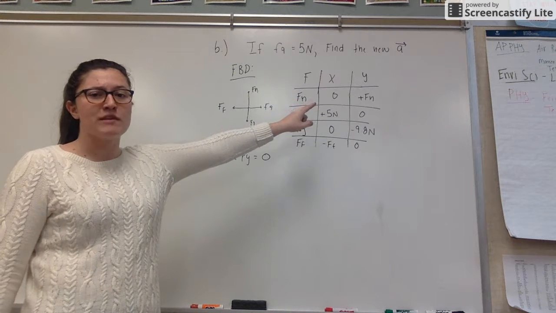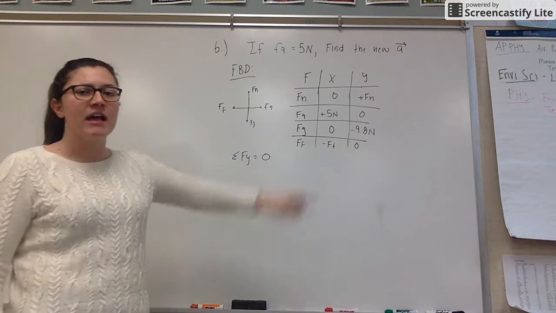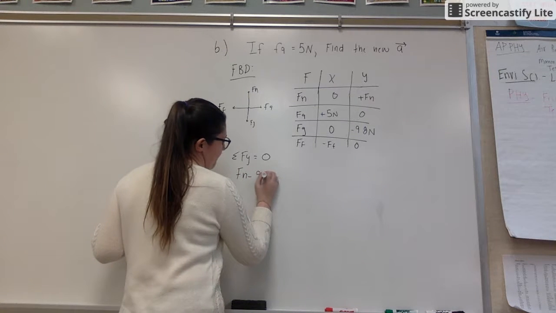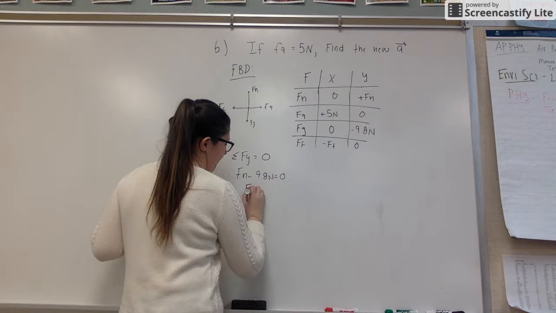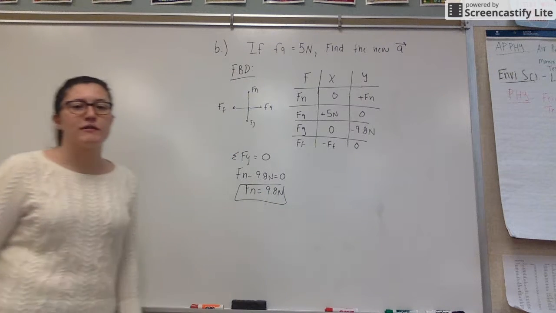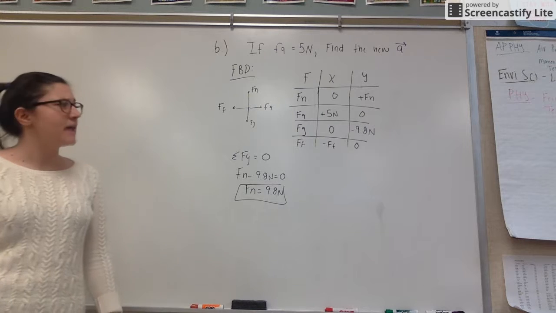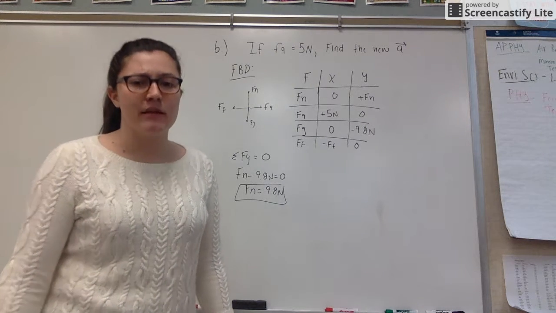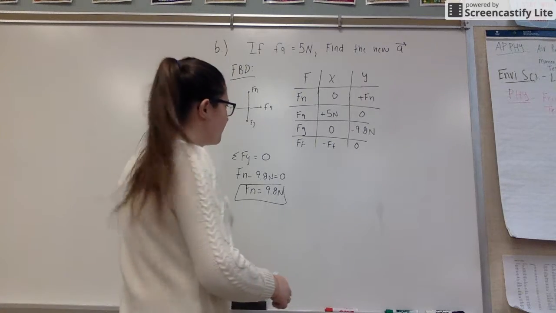So we're going to get our normal force minus 9.8 newtons is equal to 0. Our normal force is going to be equal to 9.8 newtons. Let's move to the x. The sum of the forces in the x is going to be equal to m times a.